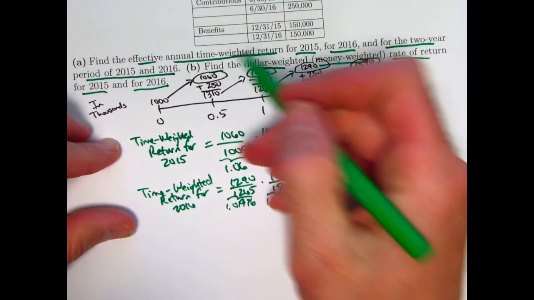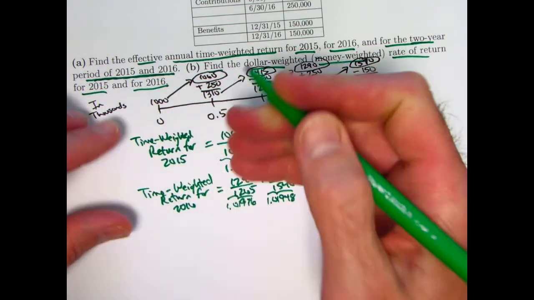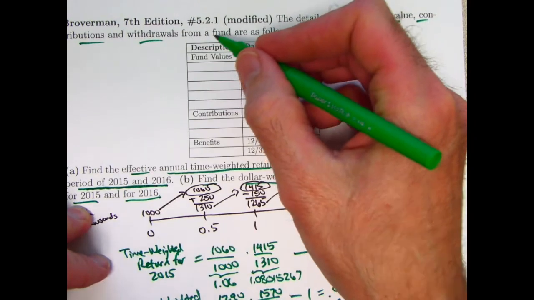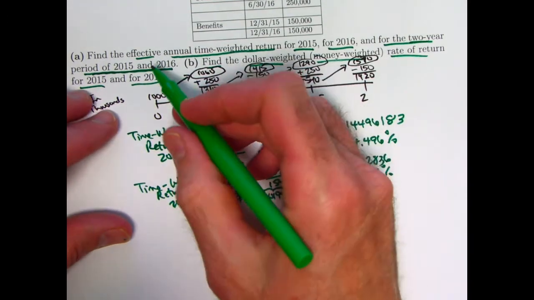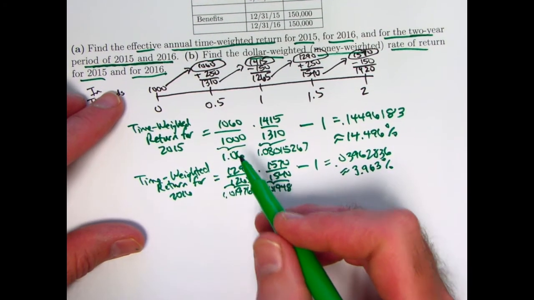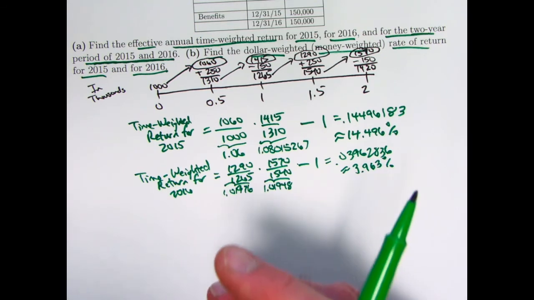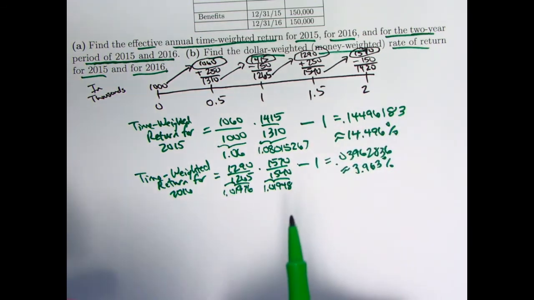Those are already annual, as they are. But now I want to look at the 2-year period, and again, this is the part that you're actually supposed to do in the problem as it's actually described in Broverman, is to find the effective annual time rate of return for the 2-year period. To do that, we first find the time rate of return itself for that 2-year period as a 2-year effective growth.